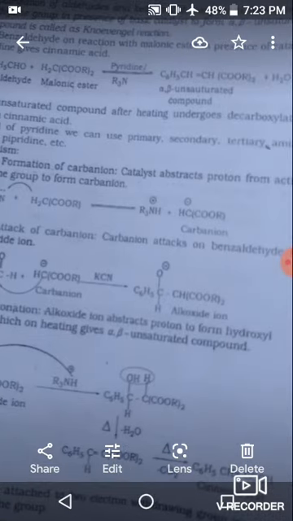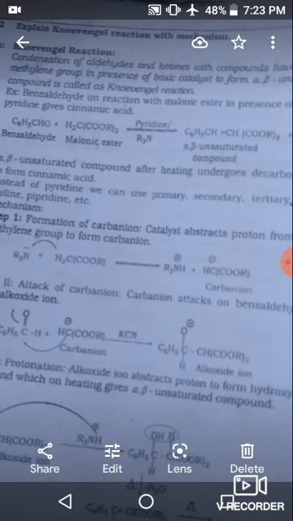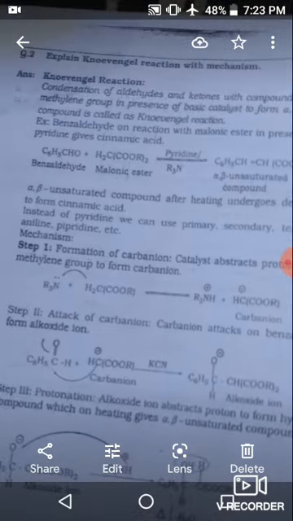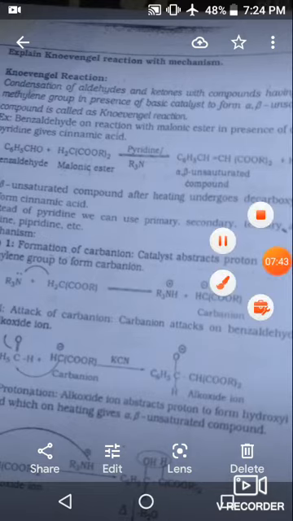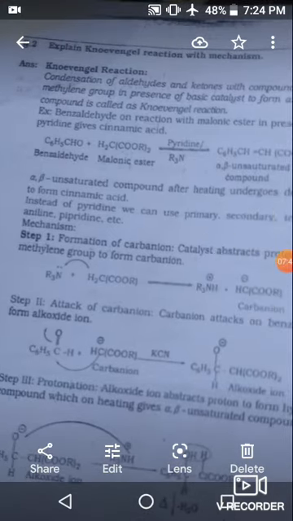This forms an alpha beta unsaturated acid. The simple summary of this reaction is: benzaldehyde reacts with an active methylene compound in the presence of a weak base, trialkylamine or pyridine, forming an alpha beta unsaturated compound. The mechanism is: first step, the function of the base, abstraction of alpha proton, forming a carbanion. Second step, this carbanion acts as a nucleophile and attacks the second mole of aldehyde, forming an alkoxide ion.